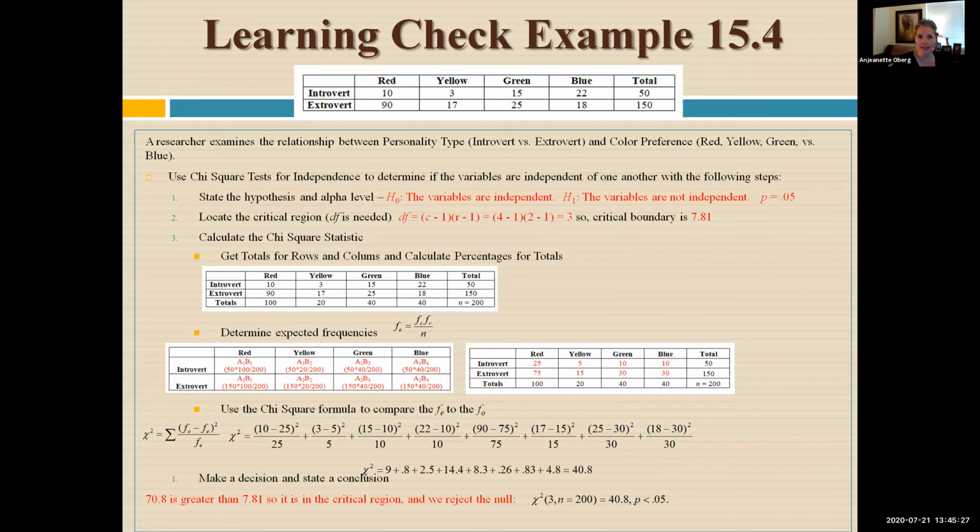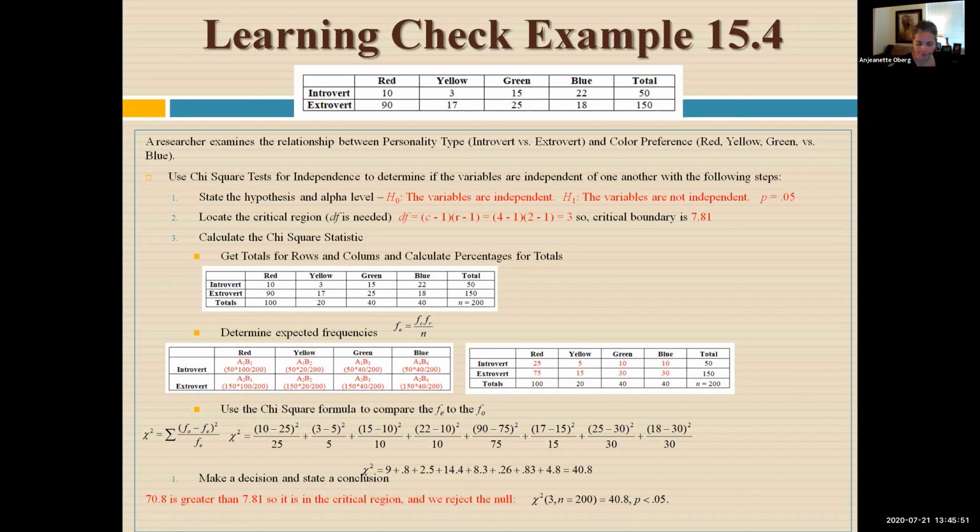See how large they can get? The more categories you have can make it larger. But 40.8 is in fact way bigger than 7.81. So it is in the critical region, so we reject the null. And we do see that these two variables are not independent of one another.